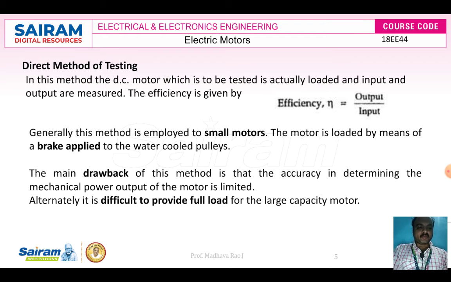So the direct method is used only for small size or small rating machines, but the indirect method can be used for large capacity or high rating DC motors.